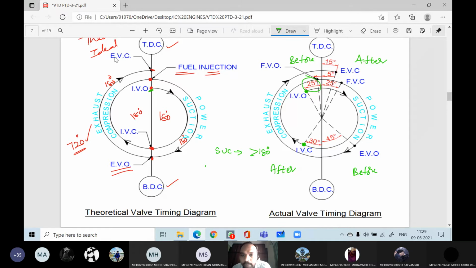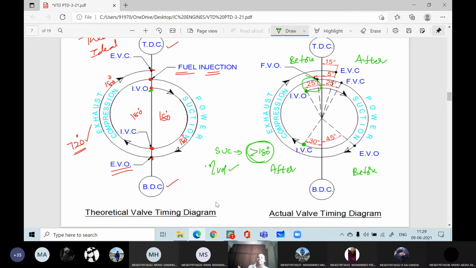They open gradually and close gradually, so opening and closing takes certain time. That is one reason we give more angle to open and close the valves. The second reason is that if more time is available for suction, more charge will be admitted into the cylinder, thereby increasing the volumetric efficiency.